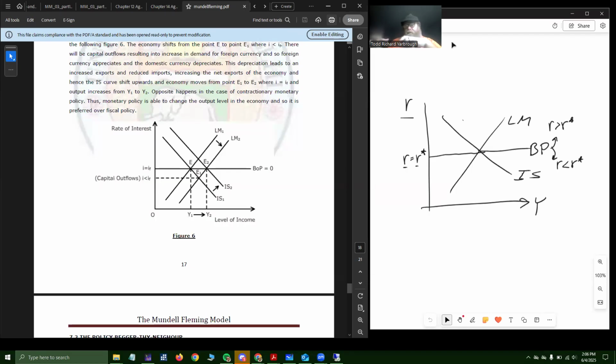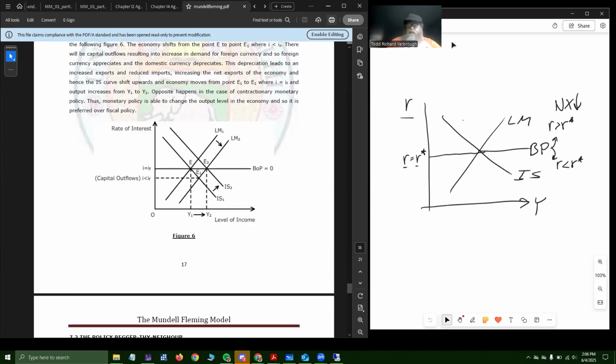Now, from the perspective of the Mundell-Fleming model, we know that when the domestic interest rate is greater than the foreign interest rate, we're going to have capital inflows, meaning that net exports are going to decline. So when the IS-LM equilibrium puts us above the balance of payments line, net exports are declining.